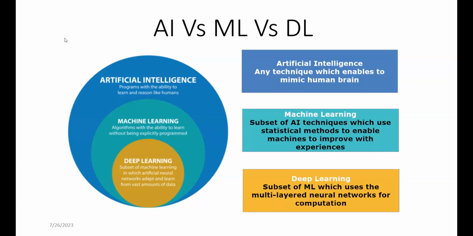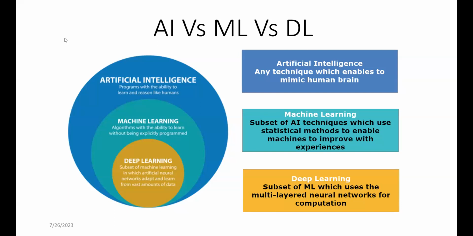So this is a very good example where one can understand how human intelligence is different from artificial intelligence. Then machine learning is basically a subset of AI which uses statistical methods to accomplish similar tasks. And further, deep learning is a further subset of machine learning which uses multi-layered neural networks for the computation.